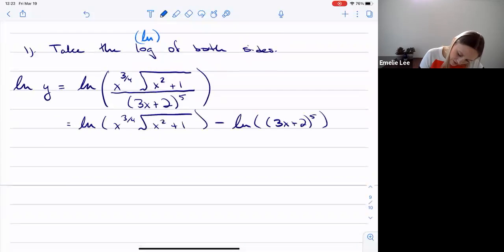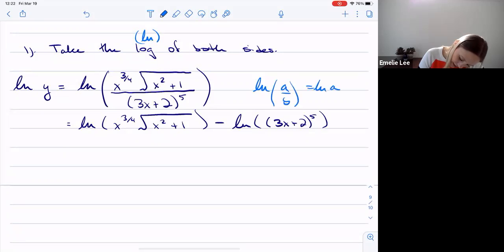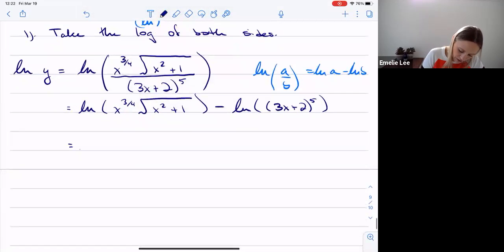And maybe I'll clarify here. The log of a over b is the log of a minus the log of b. So now I'll parking lot this (3x + 2)^5 for a little bit, and I'll deal with this product, right? If it's a product inside, then I'm adding those logs when I break them up.